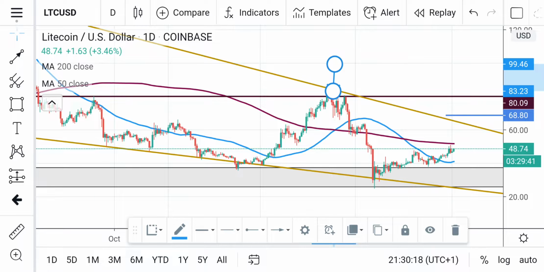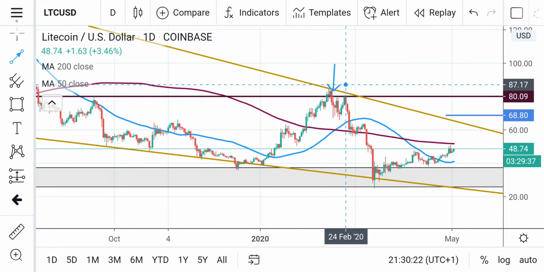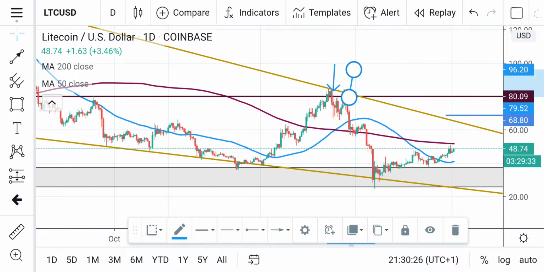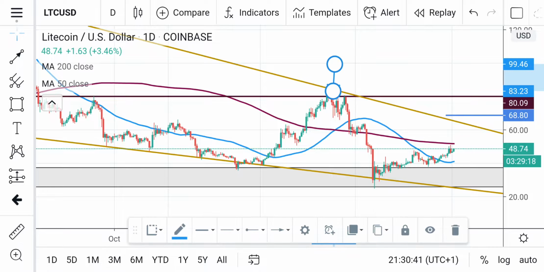One, and you have another top over here. Two. And you know that double top is usually a bearish reversal chart pattern. So I'm just using that as an example, and you can see that price went down from there.